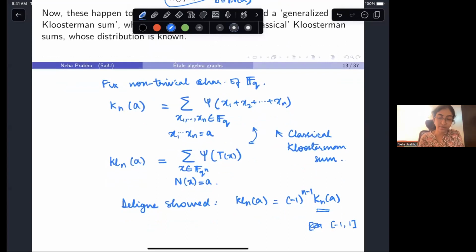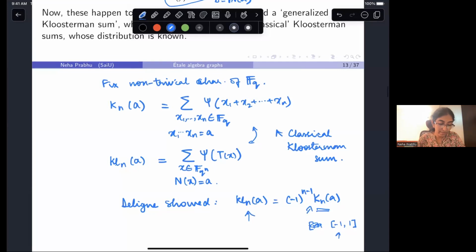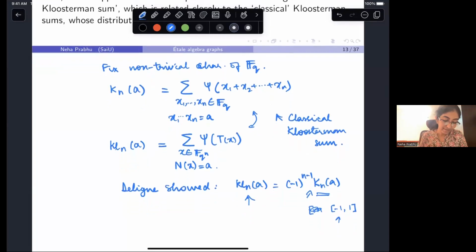You want to know how it is distributed. But these seem to be too difficult to handle. But I can say something about these, and that's great because this is a symmetric interval. I can just add in all the negatives, and that won't affect the distribution. That's exactly what we do.